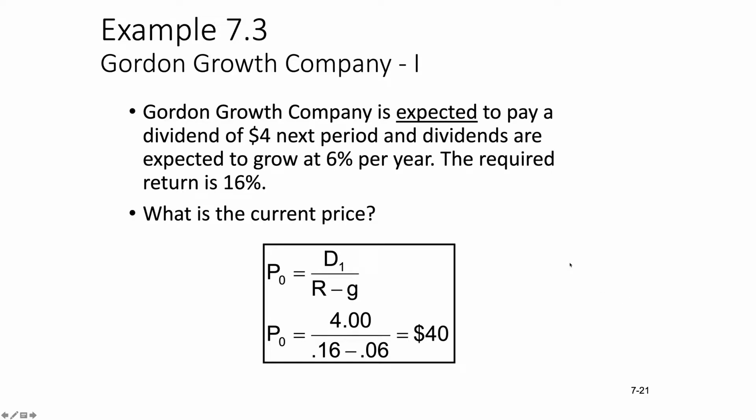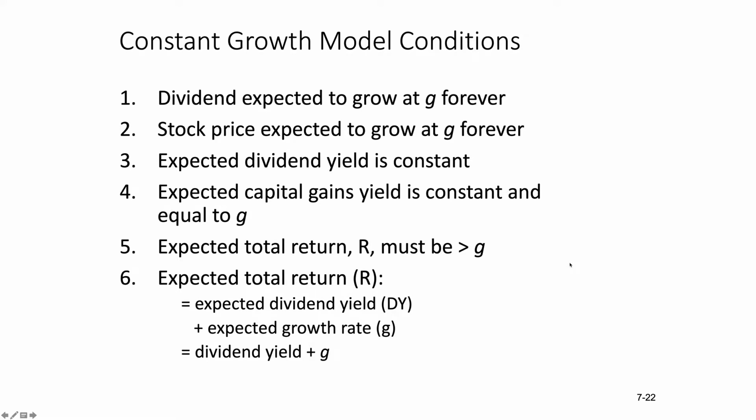Okay. The constant growth model conditions are, number 1, the dividend is expected to grow at the rate G, 10%, 8%, 2%, forever. And the stock price then also will grow. The expected dividend yield in that case is constant, and the expected capital gain yield is constant.